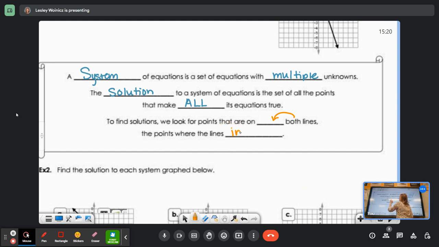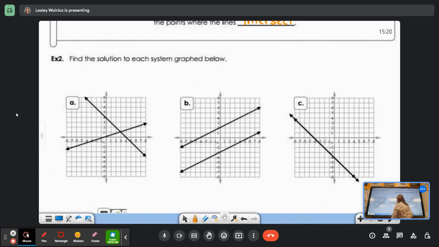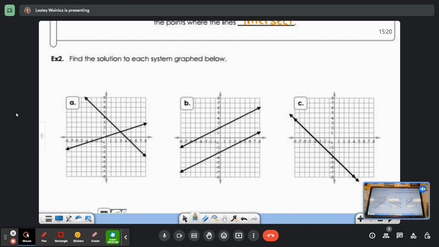That should kind of make sense. Think about the intersection of 2 streets. Isn't the intersection of 2 streets on both streets? Yeah. That's where we get the name intersection. So we're looking for points that are on both lines that make both equations true.